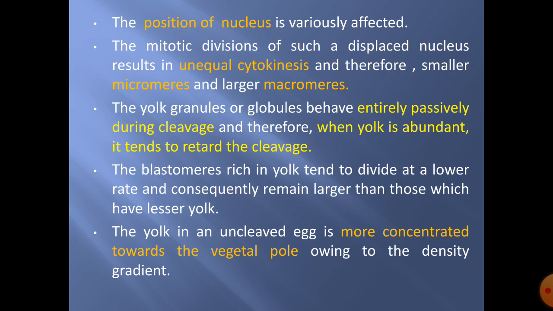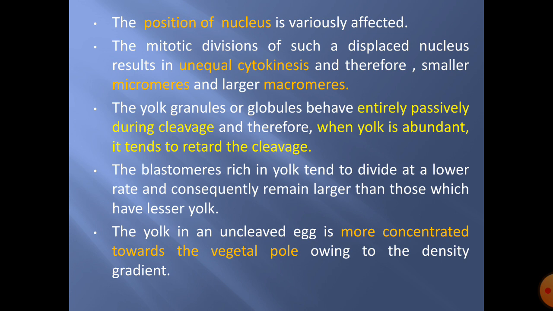The nucleus will shift to an eccentric position from its central position with the presence of large quantities of yolk in the egg. The mitotic divisions of such a displaced nucleus result in unequal cytokinesis, and therefore there is formation of smaller yolk-free micromeres and larger yolk-laden macromeres.